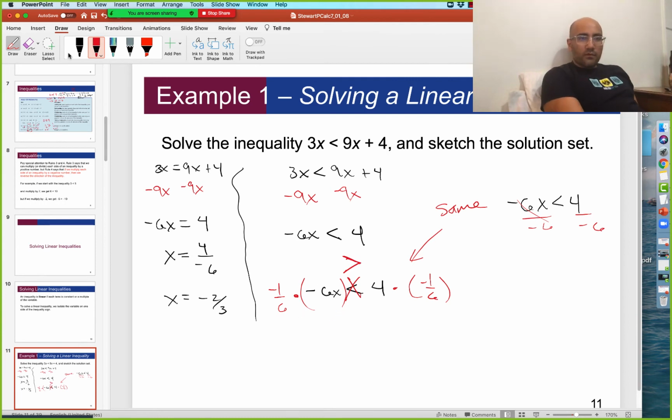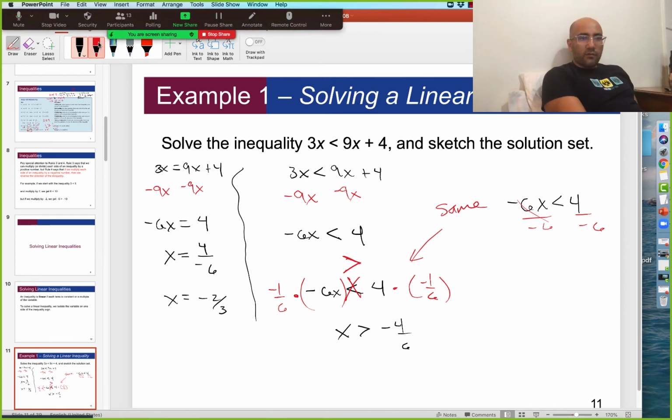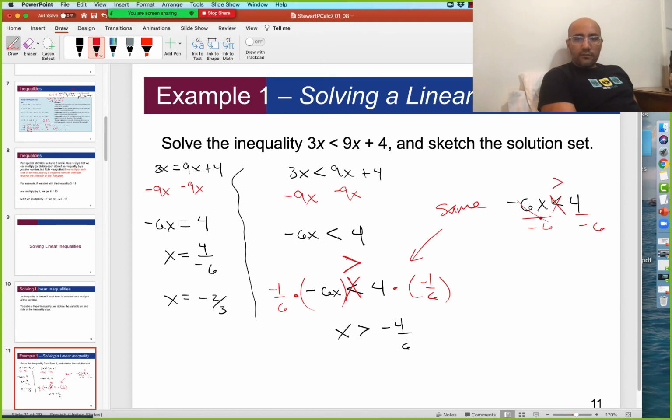So that gives us x is greater than negative 4/6, and same thing over here, before I forget to change it. So now x must be strictly greater than negative 2/3.